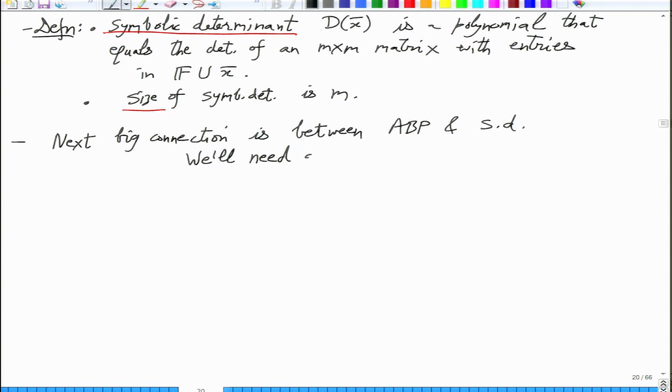So we'll need a graph interpretation of symbolic determinant.